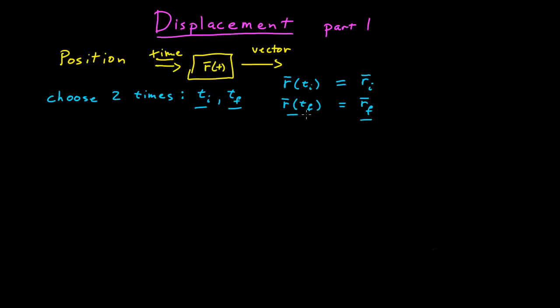This is simply the position function evaluated at the final time, and this one is the position function evaluated at the initial time. In fact, sometimes you might have books that will call this r sub 1 or r sub 2, or x sub 1, x sub 2 if you're in one dimension. So there's all sorts of different notation, but it's important to understand what that means.